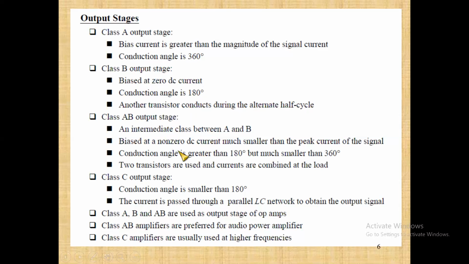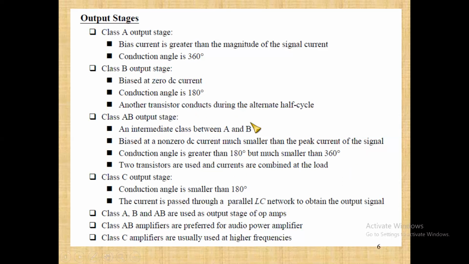Then we come to the class AB output stage. This is somewhere between A and B. This is biased at a non-zero DC current, much smaller than the peak current of the signal. So the conduction angle is somewhere between 180 and 360 degrees. And again, we use two transistors to give the total 360 degree conduction.